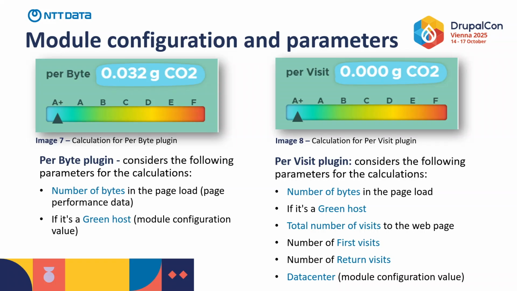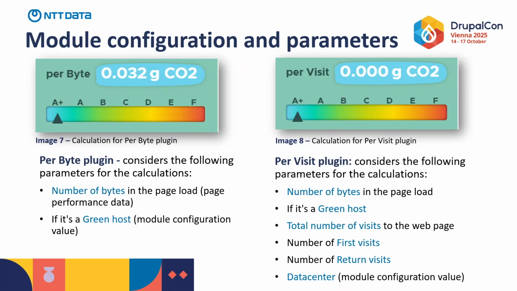So, parameters for each of the calculations. For the simplest one, the per byte plugin, we only take into consideration two pieces of information: the number of bytes during the page load, and whether it's a green host or not.